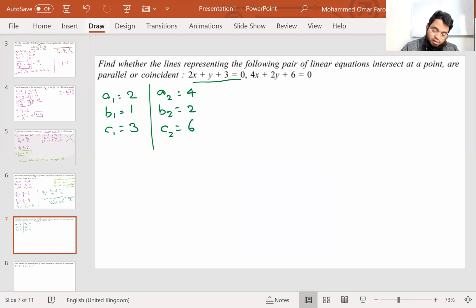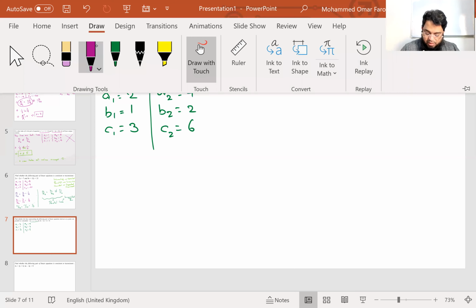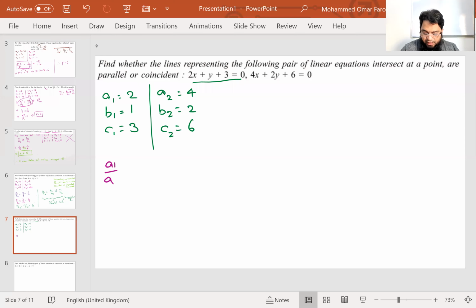Let us find out the ratios. a1 by a2 is 2 by 4, that equals 1 by 2. And b1 by b2 is 1 by 2. And c1 by c2 is 3 by 6, that equals 1 by 2.